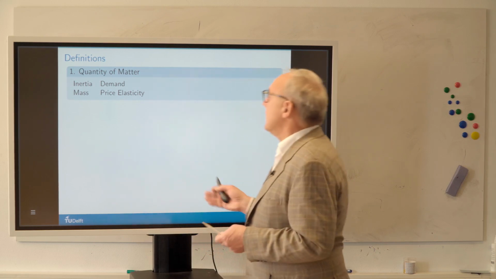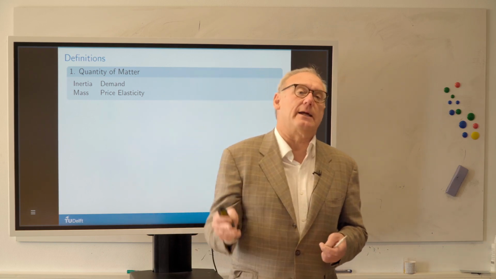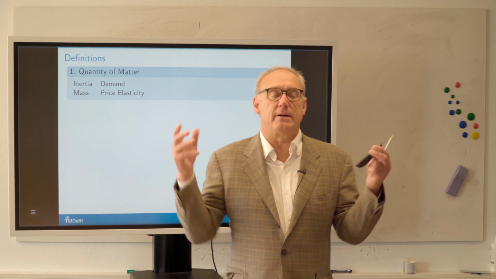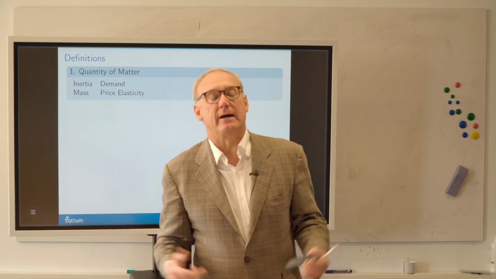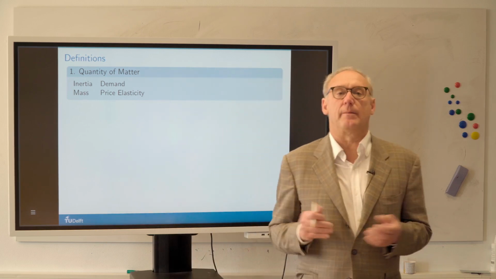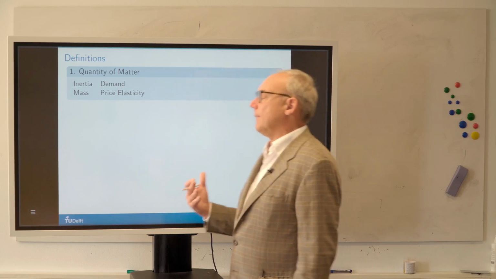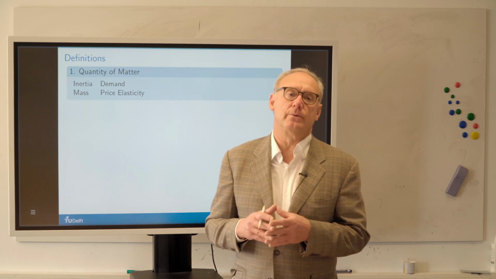Now, similarly, for Alfred, what matters is the existence of demand, all right? So if there's demand, then we're talking, and if there's no demand, there's no talking. So you see intuitively, if you want to pair them up, this idea of matter is going to correspond to demand.